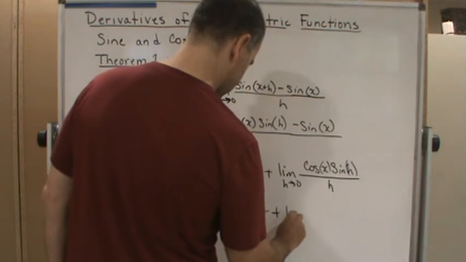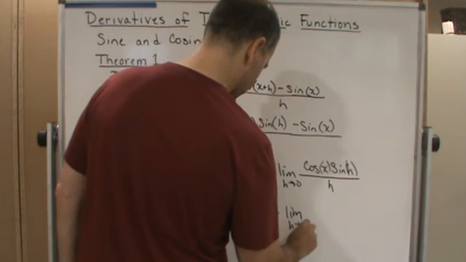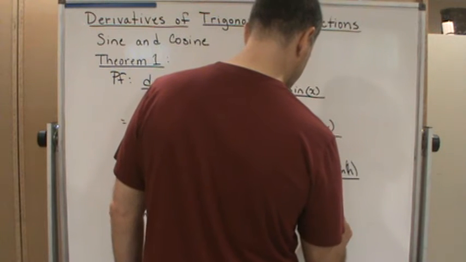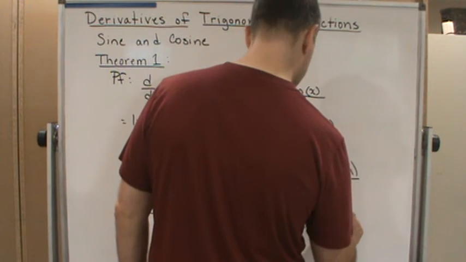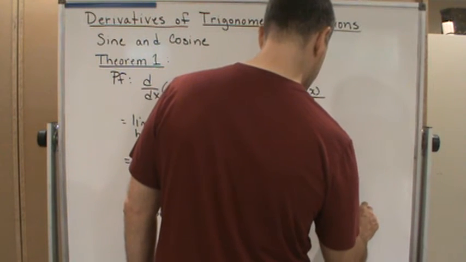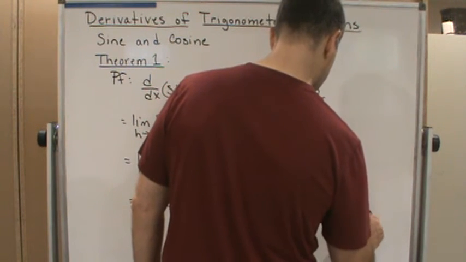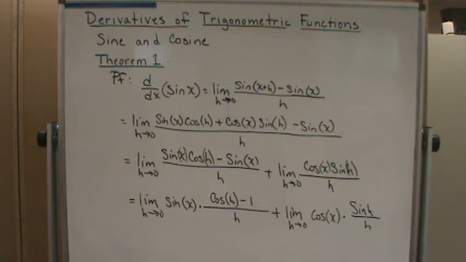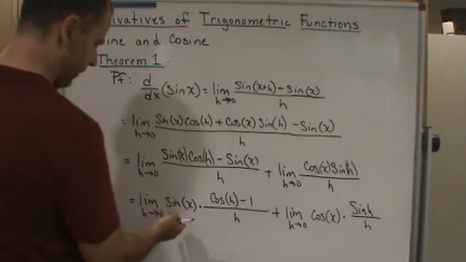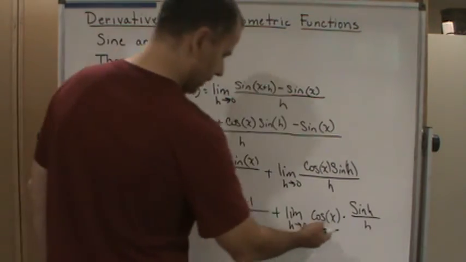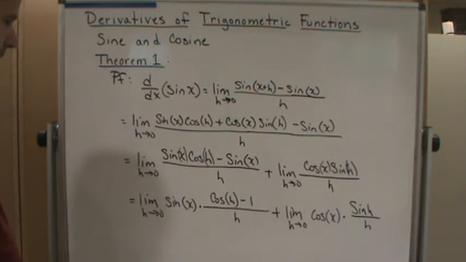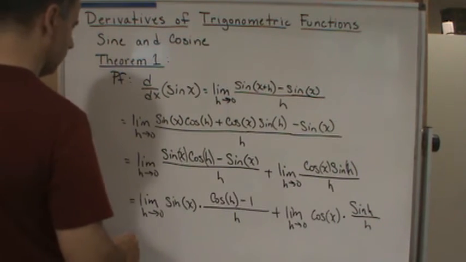And then we're going to get plus the limit as h approaches 0 of cosine times sine h over h. Okay? Now, since this is only in terms of x, and the limit is in increments of h, we can pull the sine and the cosine out of the limit. Okay? So let's do that.